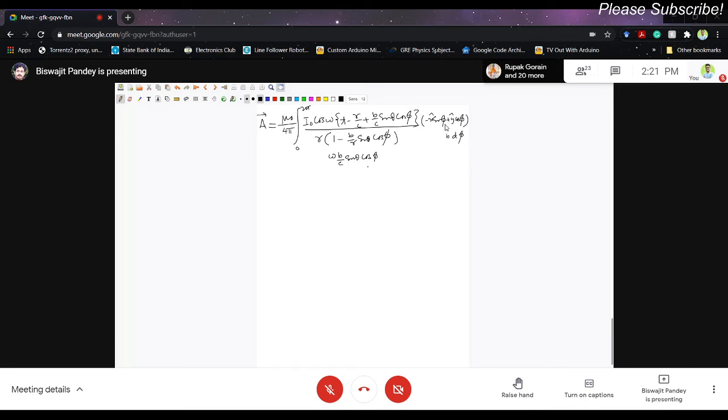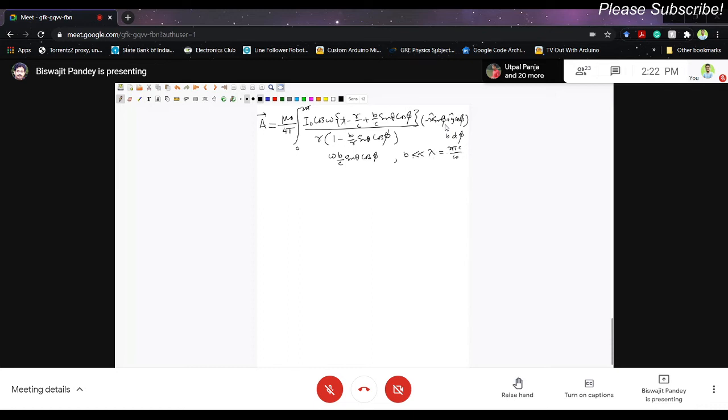Why? First of all, I should remind you again that in the far field approximation, b is the dimension of the loop, that is the radius, and b is much less than the wavelength lambda. And what is lambda? Lambda is 2 pi c by omega; 2 pi by omega is the inverse of frequency nu, and c by nu is lambda.